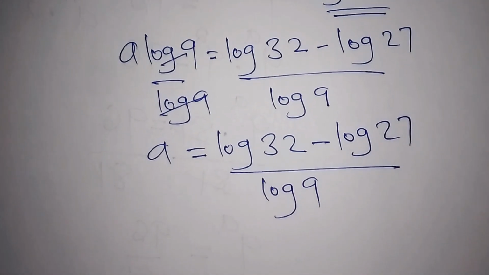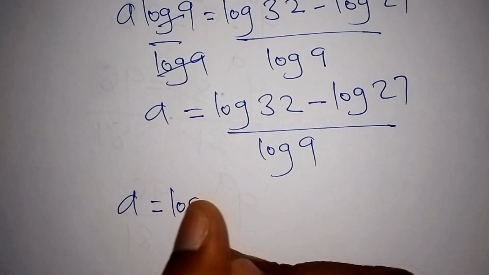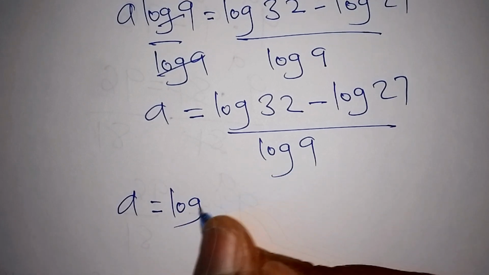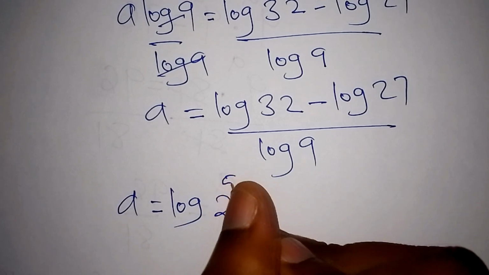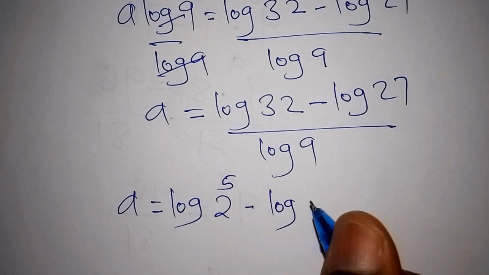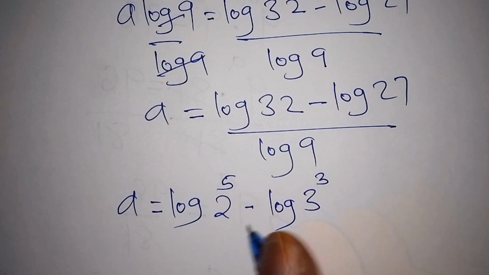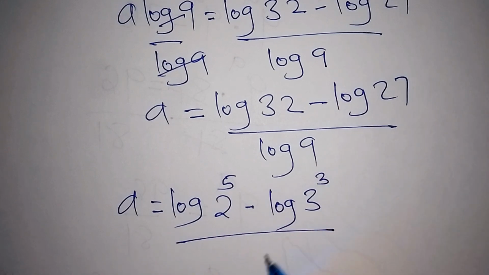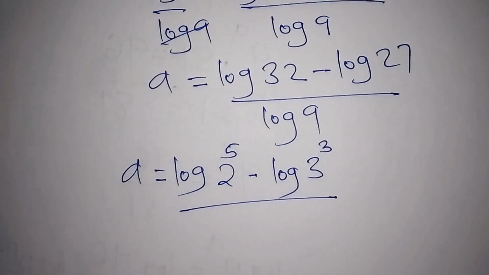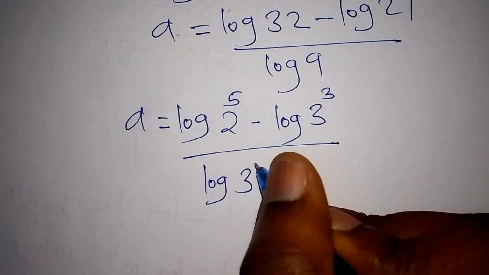Let's work it by saying that a is equal to the log of 32, which can also be written as the log of 2 to the power of 5, minus the log of 27, which can also be written as the log of 3 to the power of 3, all over the log of 9, which can also be written as the log of 3 to the power of 2.